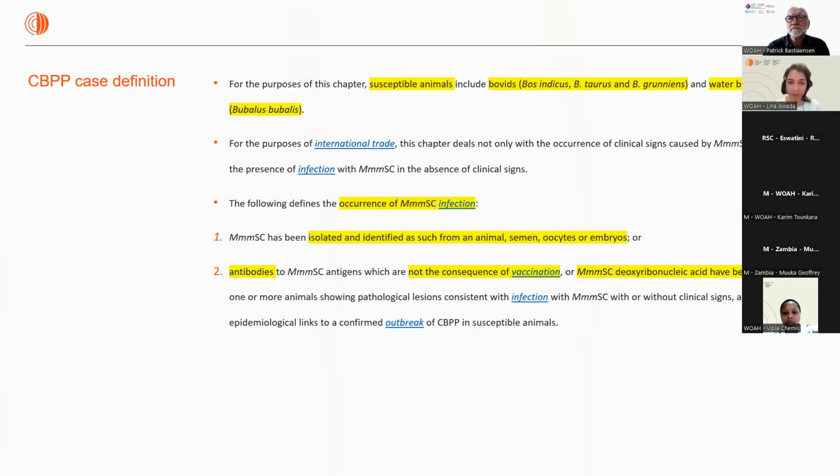And then the code is quite clear that based on the standards, what should be reported is when there is identification of the pathogenic agent in an animal, semen, oocyte, or embryo. And then a case can also be defined as when antibodies that are not the consequence of vaccination are identified in an animal, or when deoxyribonucleic acid has been detected with pathological lesions or clinical signs.